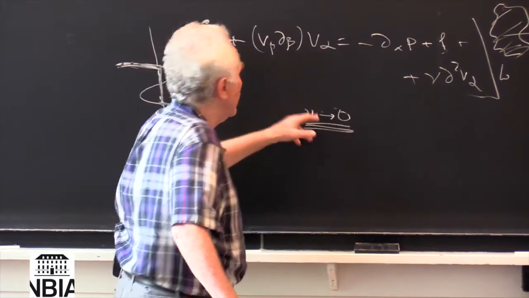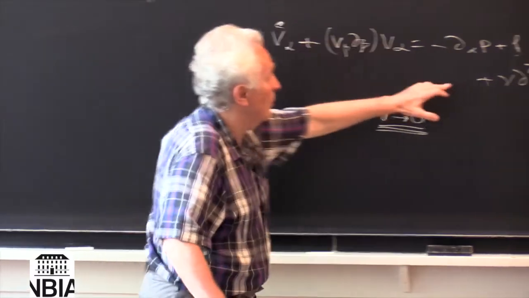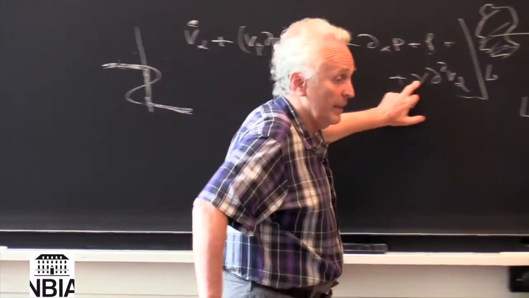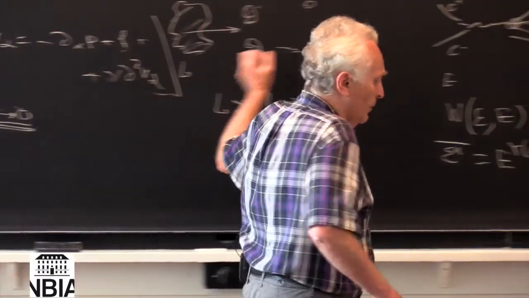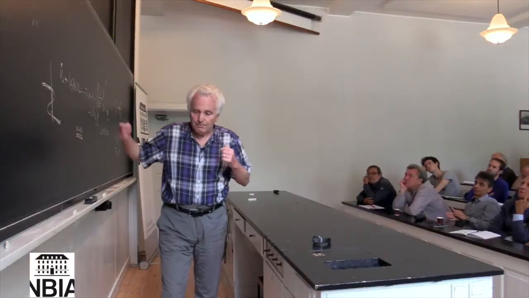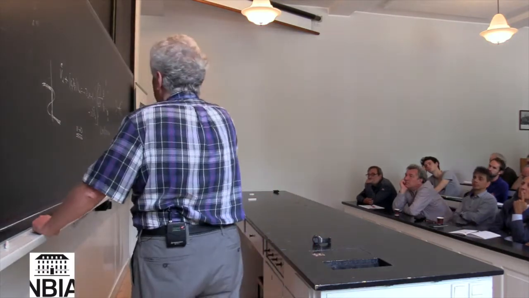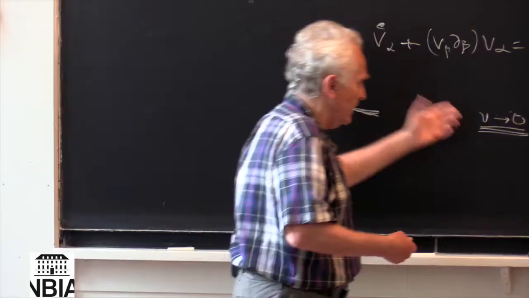And the reason why this limit is very subtle is that the gradients inside the shock waves are so large that they compensate the smallness of nu. So inverse nu, as I said, is the ultraviolet cutoff. Let me give you an analogy.